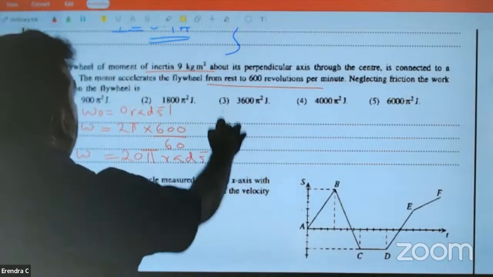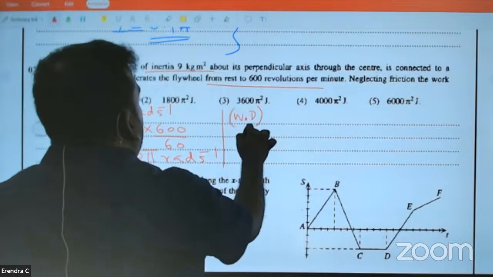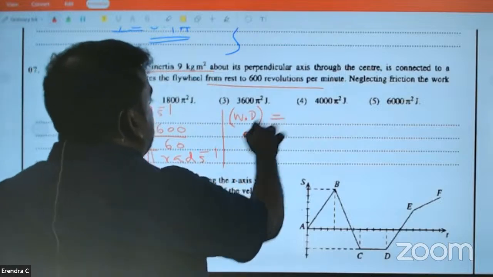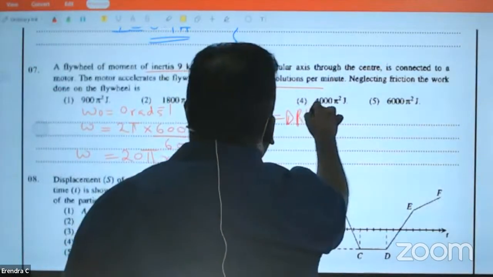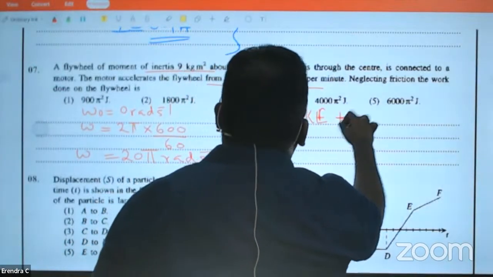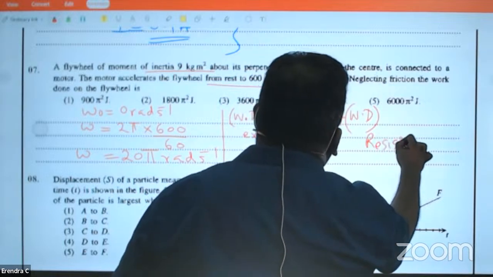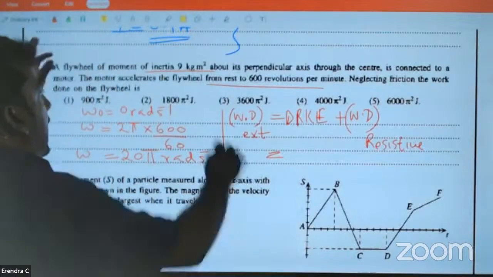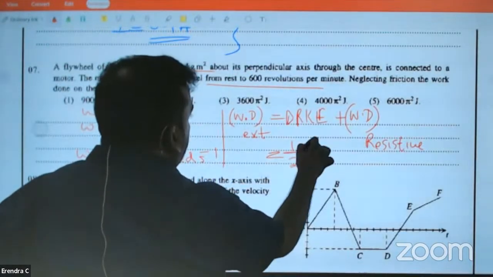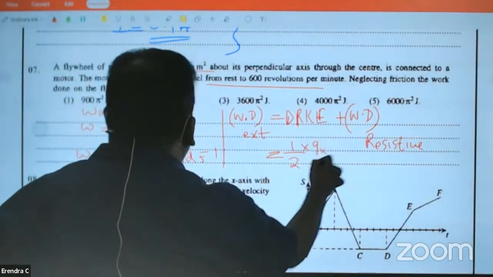Now apply the work energy principle. Work done by external forces or external torques equals increase in rotational kinetic energy plus work done by resistive torques. Increase in rotational kinetic energy is final rotational kinetic energy, half I omega squared.